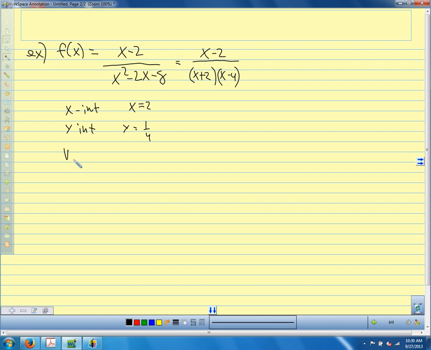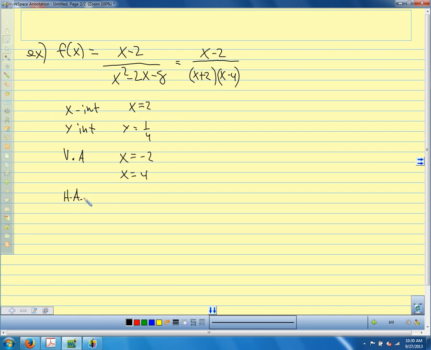Vertical asymptote. Vertical asymptote is where what part is 0? Denominator. So where does our denominator equal 0? x equals negative 2, x equals positive 4. So we have 2 vertical asymptotes. That makes it just a little trickier. Horizontal asymptote.